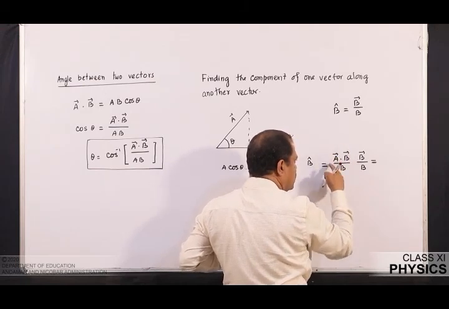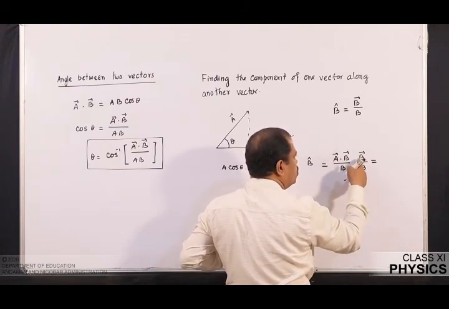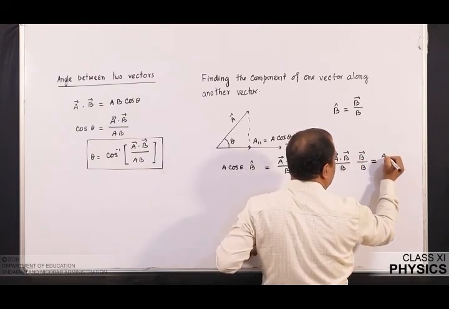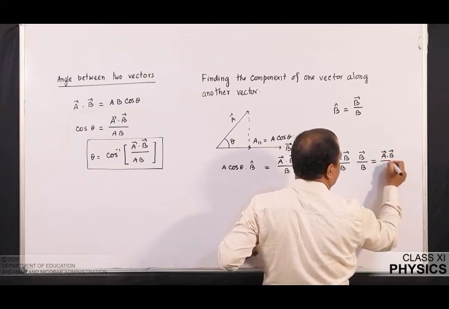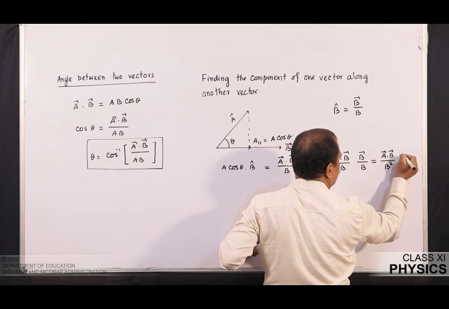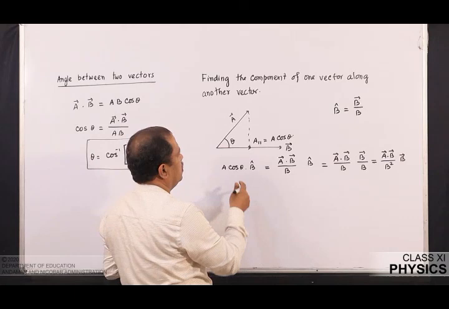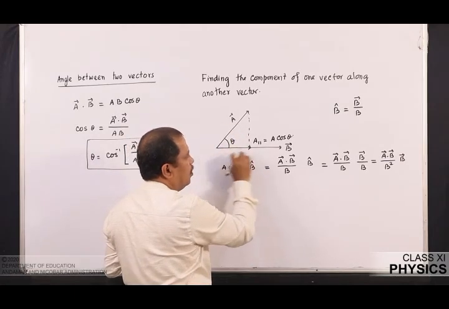So this entire thing is a simple number which you multiply with a vector. So I am going to have A dot B, a simple number, divided by B square, into the vector B.